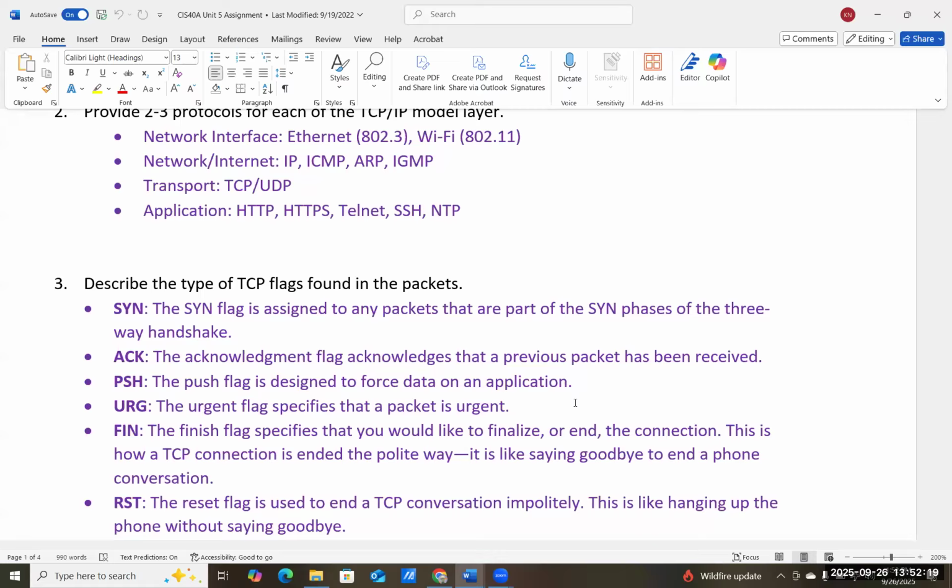You sometimes would see push or PSH. This is when we can force the data on an application. You rarely see that in the regular network environment, but if the system somehow needs to get that data to the application, then it's going to do a push. That's more rare. And then you have the priority flag, like urgent.